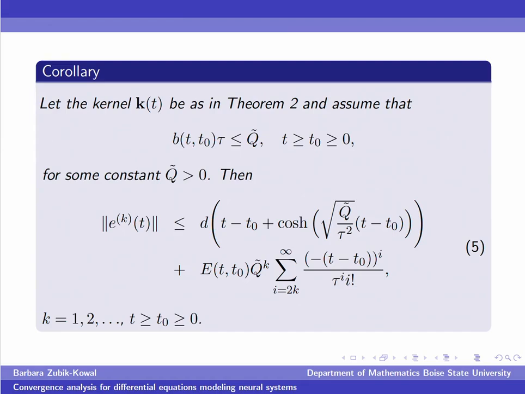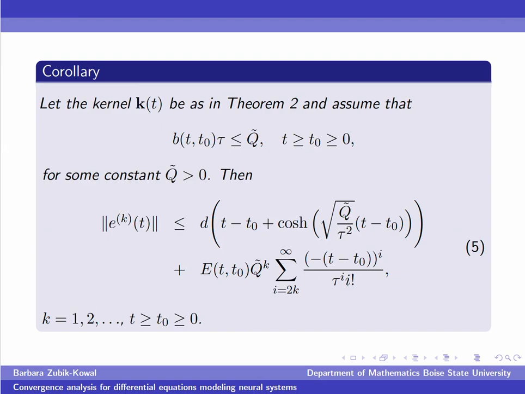Now, this theorem implies the following corollary. Here in this corollary, the kernel bold K is defined as on the previous slide by the exponential function. And if we designate Q tilde as the upper bound for the product of a function B at T and T0 and the parameter tau, we can derive this error bound 5.